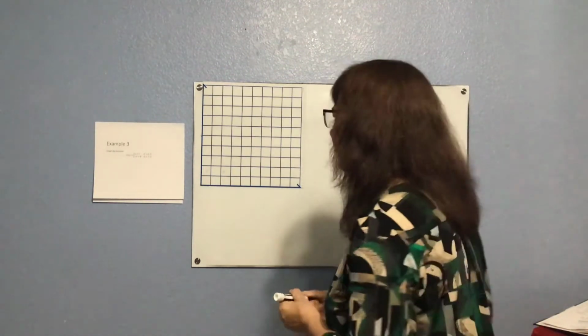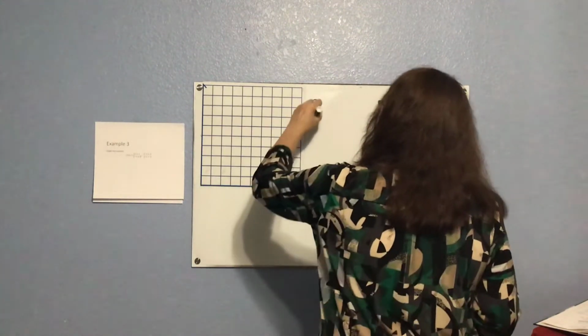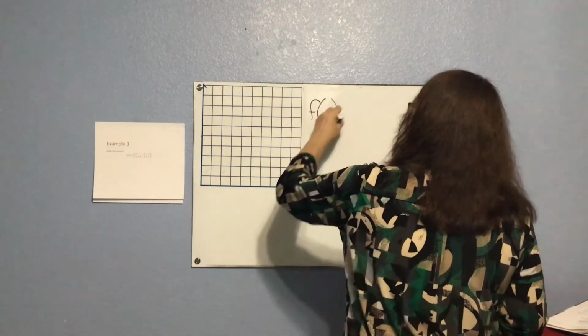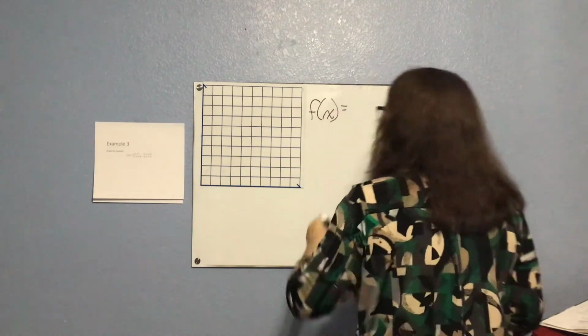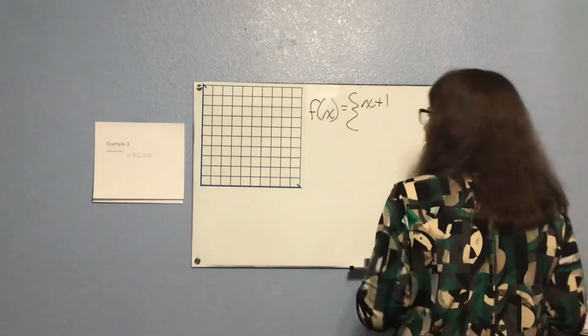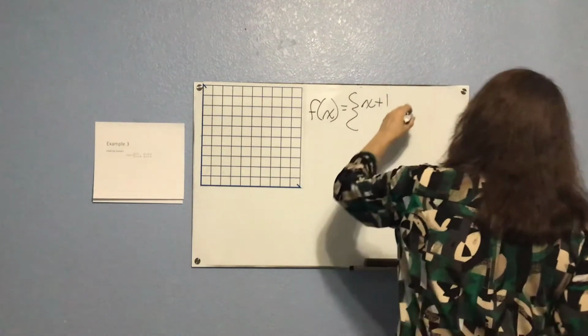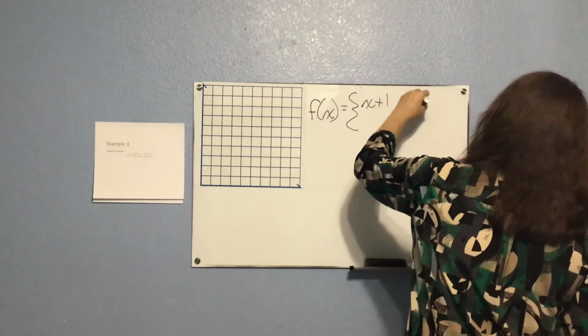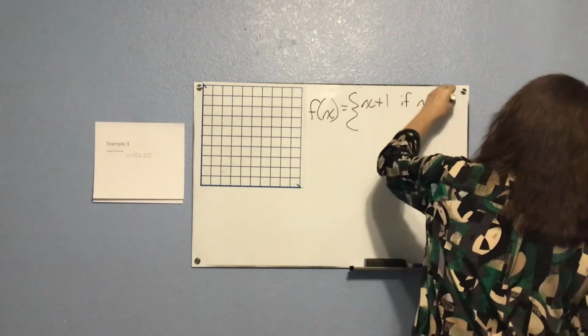In our next example, we're going to work with another piecewise function where both pieces are linear, but it does look a little different. Okay, this is our function, f of x, and the first part is x plus 1, and that applies if x is less than or equal to 3.